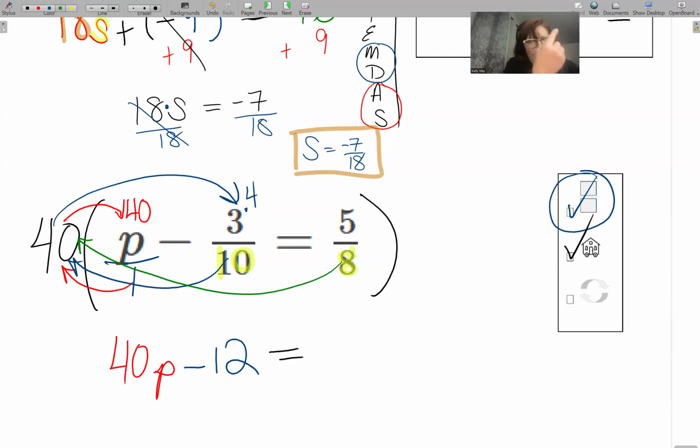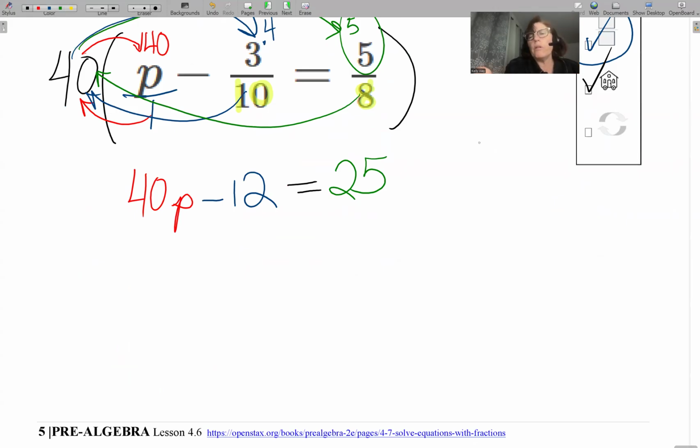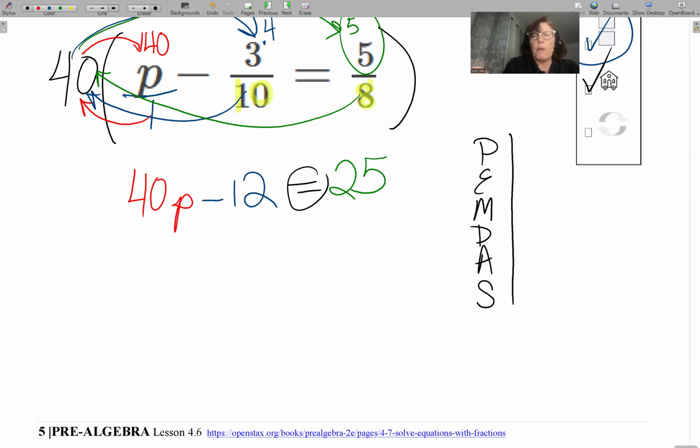8 goes into 40 5 times. 5 times 5 is 25. Now, when we're crossing an equal sign, simplifying stuff, you go PEMDAS, but you go backwards when you're crossing an equal sign.